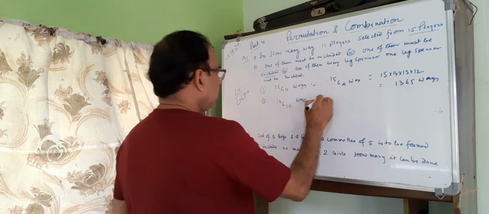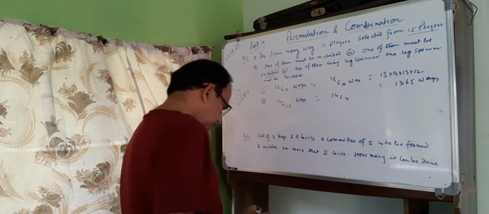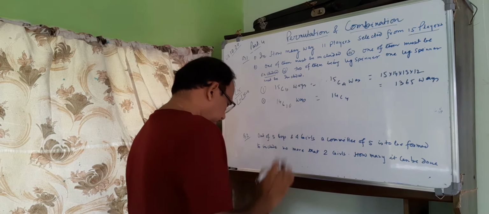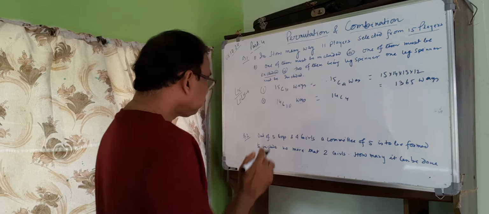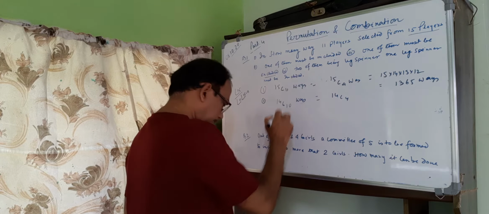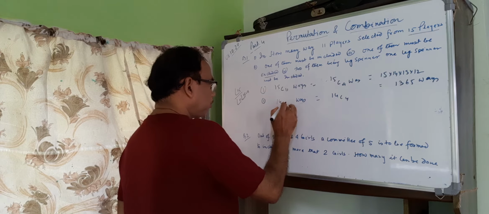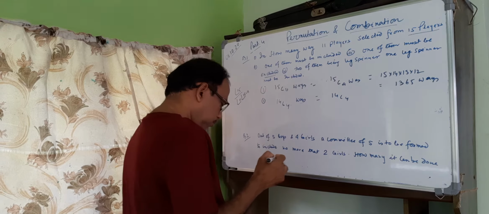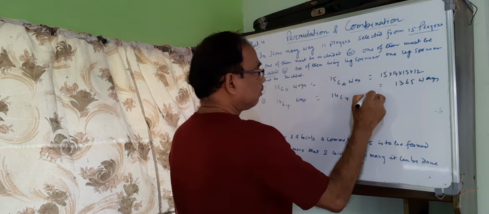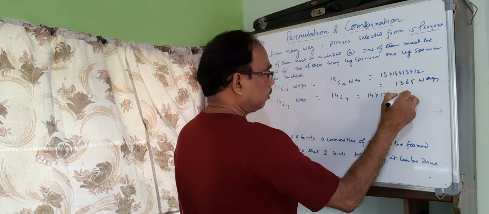That is 14C10, which equals 14C4. You have to take 4. 14C4 means 14 into 13 into 12 into 11 divided by 4 factorial.